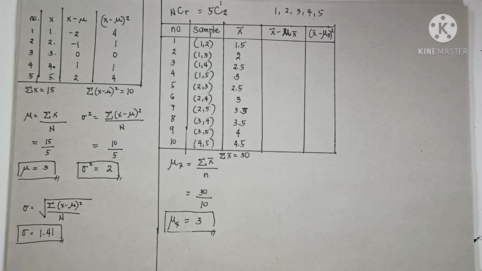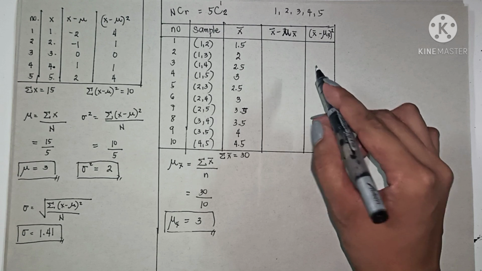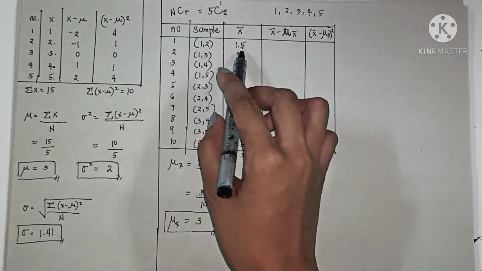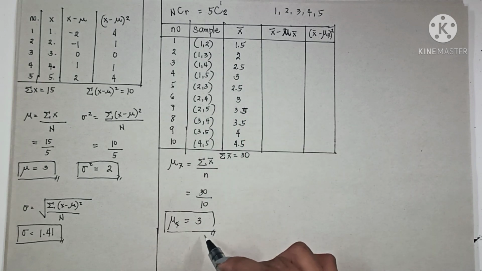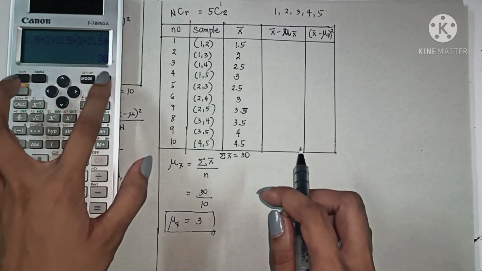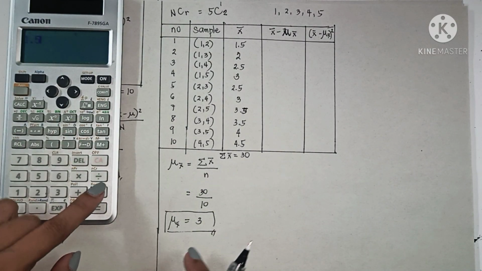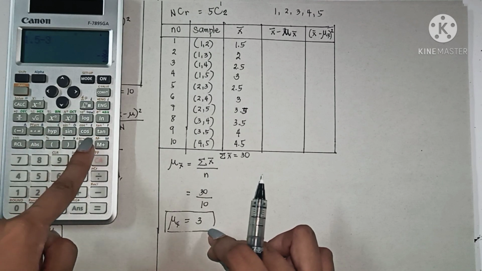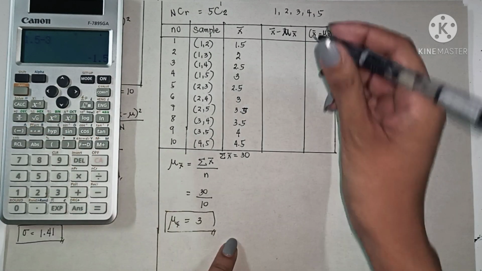Okay? So, next. Pwede na tayo mag-proceed sa next column. So, for the next column, x bar minus mu sub x bar. X bar natin is, eto na. So, 1.5. Ang mu sub x bar natin is 3. So, 1.5 minus 3, and that is equal to negative 1.5.